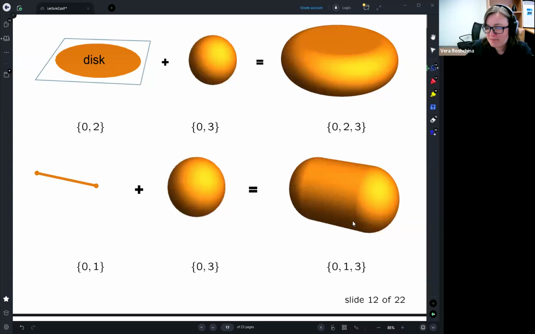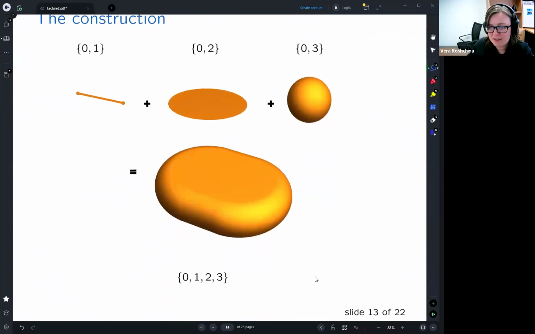If I want faces of dimension 0, 1, and 3, I will start from 0 and 1, take, say, the line segment, so it has faces of dimension 1 and 0, and add the Euclidean ball to obtain 3 here. So I will be getting faces of dimension 3 and all the original dimensions of the first object, because I will be adding them to just single points on the boundary of that object, and so on.